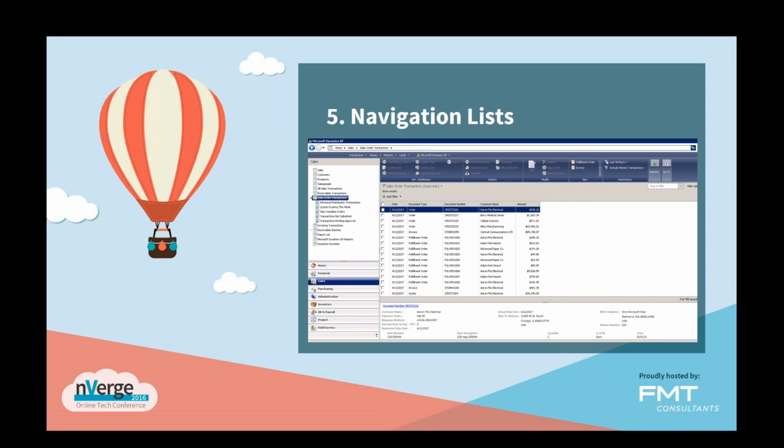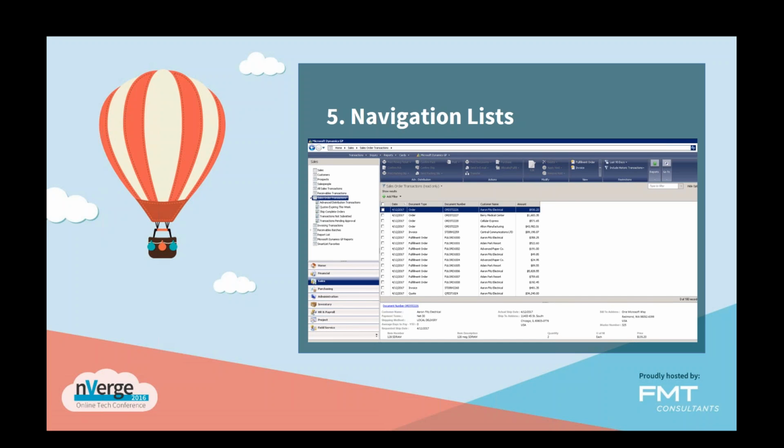At the top, we have what we call the action pane, and this is really where navigation lists start to shine. The action pane gives you the ability to take actions on the items within the list below, meaning that if I wanted to select 4 orders and process them all to invoice, all I would need to do is check the boxes in the list below and click the invoice button, and it'll send those orders to invoice.